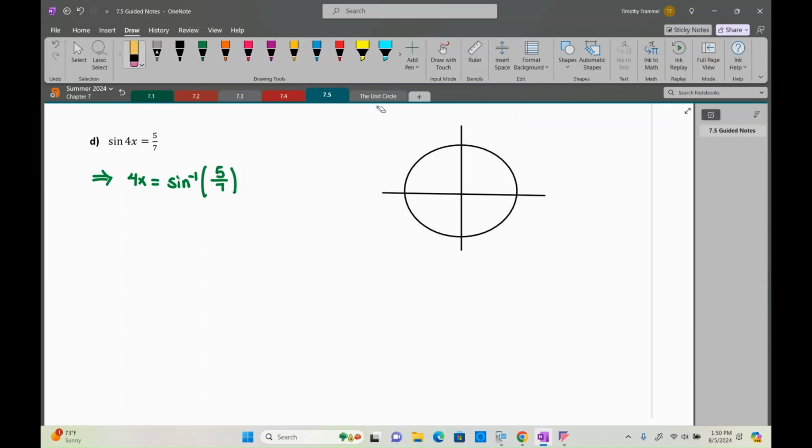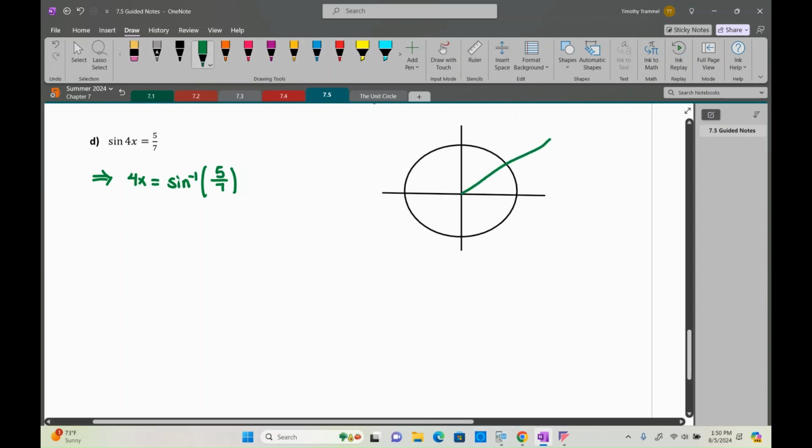So if I wanted to, I could sketch in the angle here of sine inverse of 5/7. Okay. But again, there is another angle where we will have the exact same y value on the unit circle, and that is right over here.